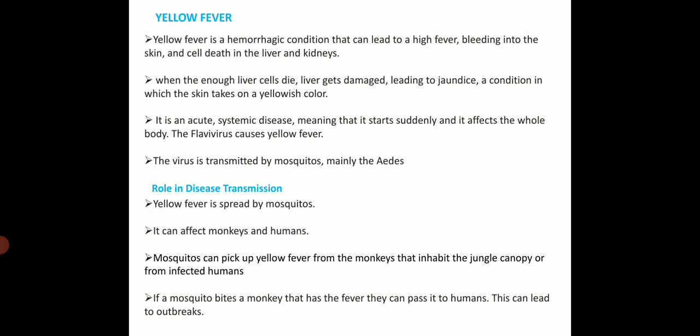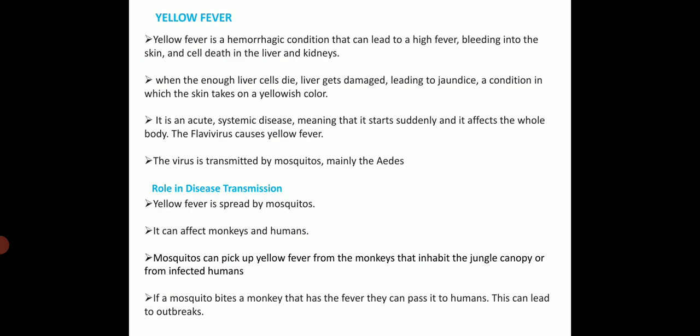A flavivirus causes yellow fever. Flavivirus means positive strand RNA viruses, which are well suited for transmitting the diseases that cause yellow fever. The virus is transmitted by mosquitoes, mainly from the Aedes genus. Yellow fever is spread by mosquitoes.